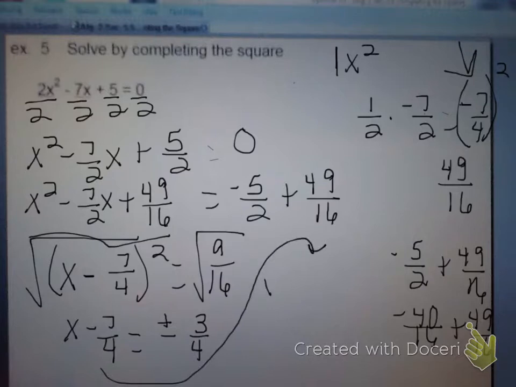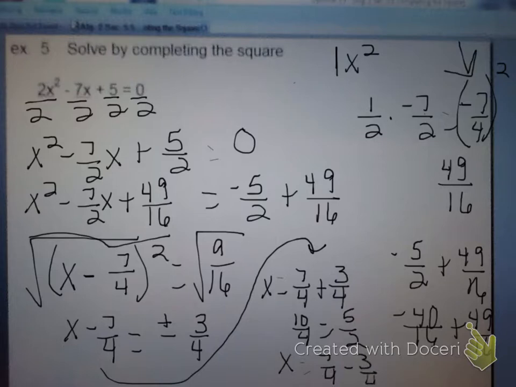So x is equal to 7 over 4 plus 3/4, which is 10/4, which is 5/2. And then x is equal to 7 over 4 minus 3 over 4, which is 4 over 4, which is 1. So there are the two answers. That's a little bit more complicated.